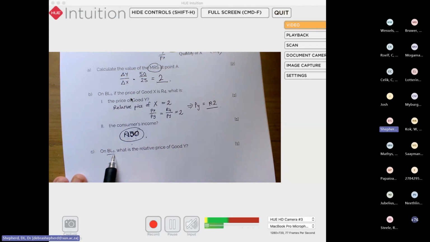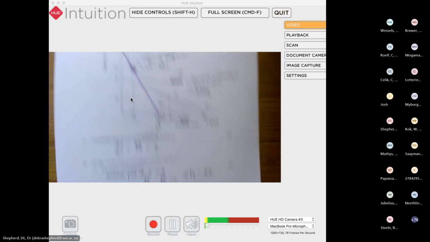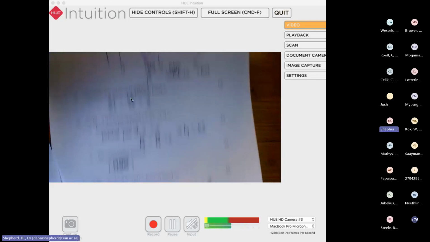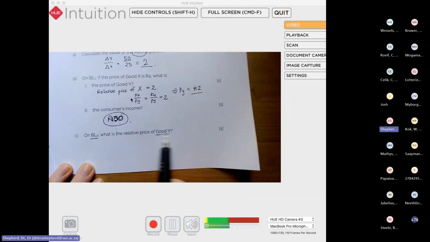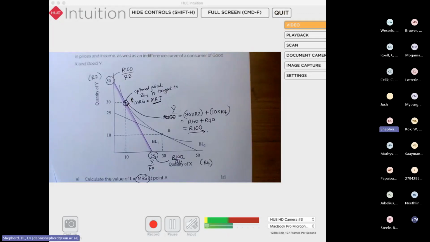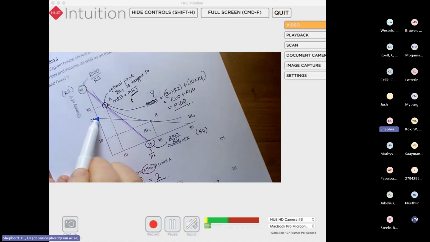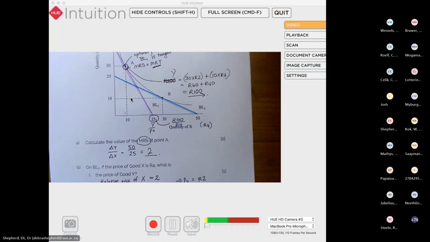So now we're looking at the other budget line, and we're looking for the relative price of good Y. So if we look at budget line 2, that's this line over here. Now, how can we identify the relative price of good Y?